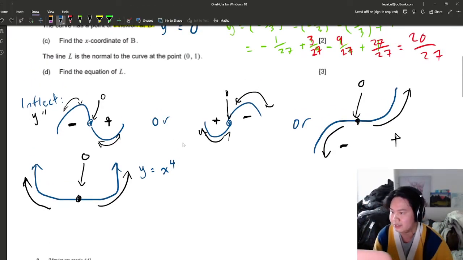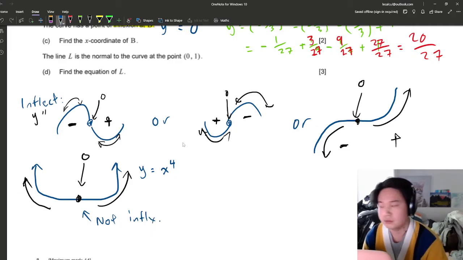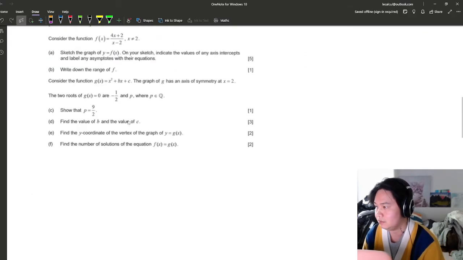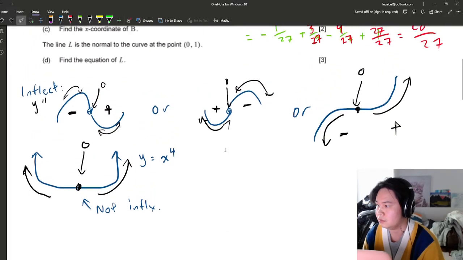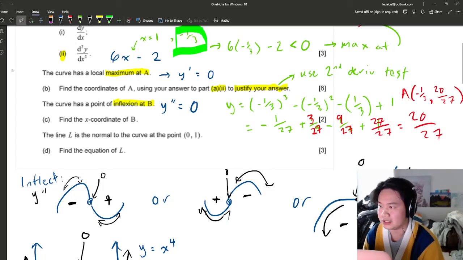So not an inflection. But anyways, that's aside from the point. We just need to solve this.